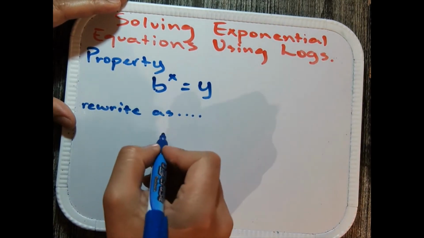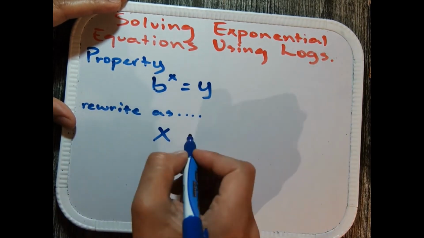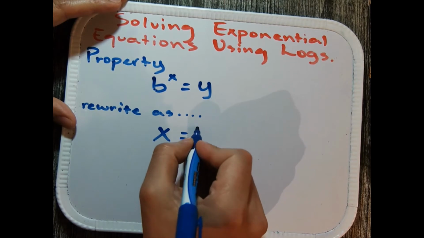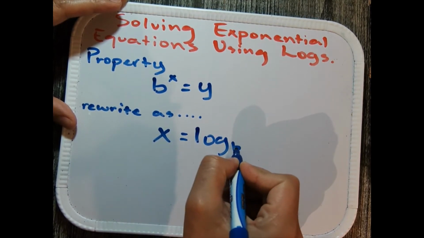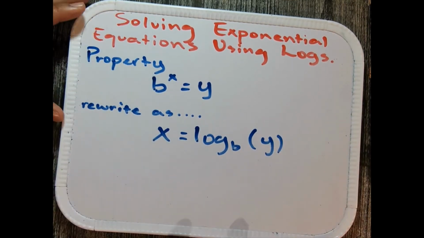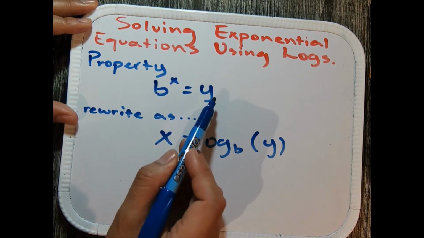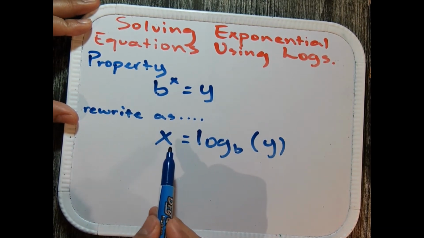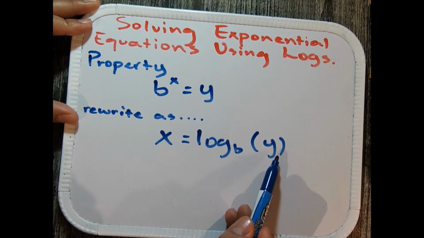The x comes down, the b moves to the other side, and we have a log of base b of y. So again, if we have b raised to the power of x is equal to y, we can rewrite it as x equals log base b of y.